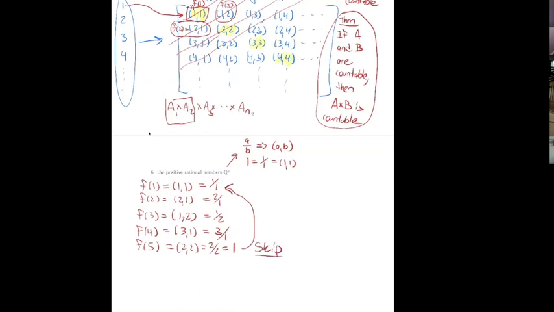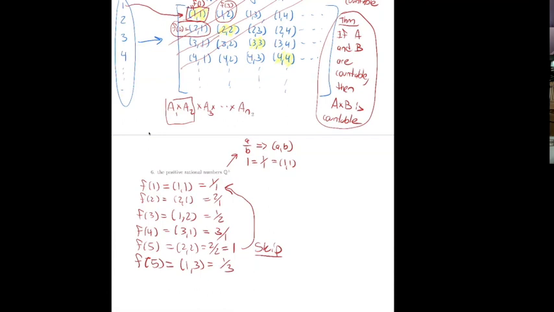So we don't want to count that one again, so we just skip. So I'm not going to define f of 5 as 2, 2. I'm going to go to the next one. Oh, sorry, the next one was 1, 3. And that one we haven't hit yet.